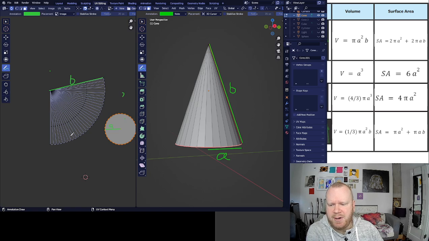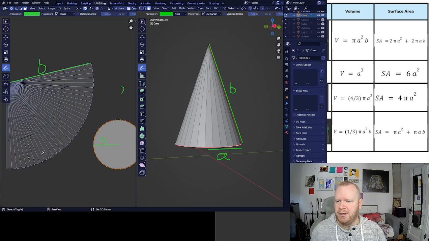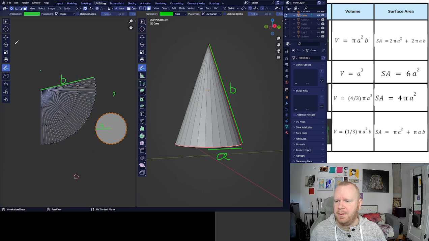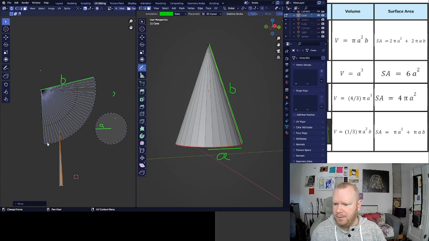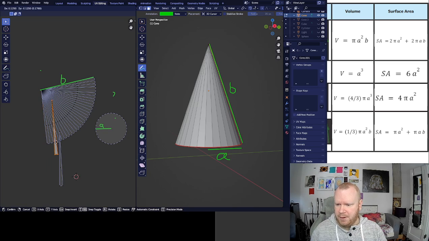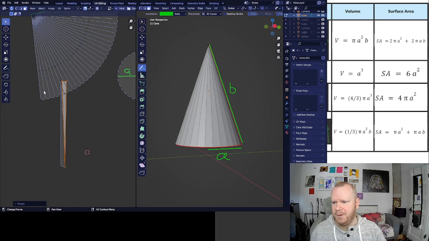And then for this part here, this is going to be a little bit tougher, but we can kind of employ a little trick here. We can take these individual segments and we can kind of arrange them like this in a sort of alternating pattern.